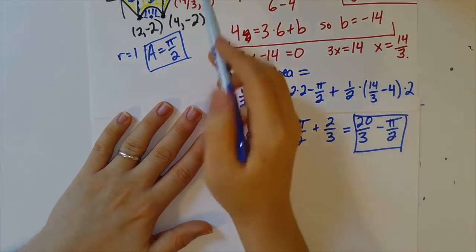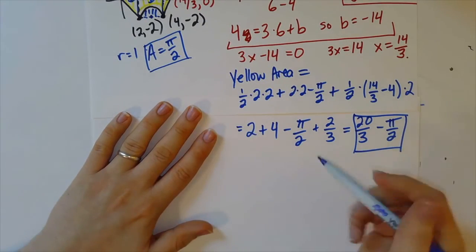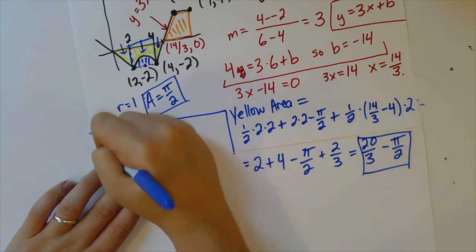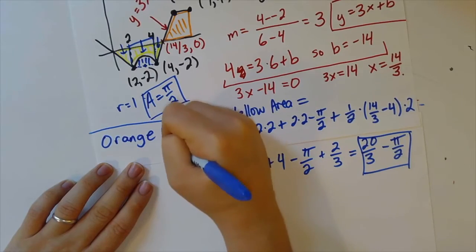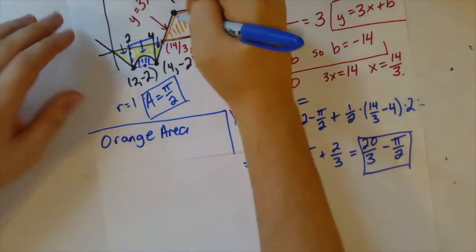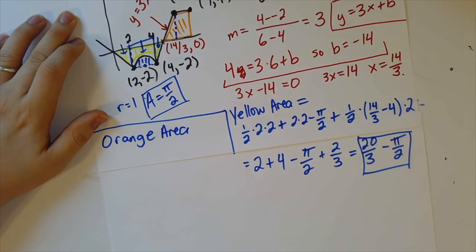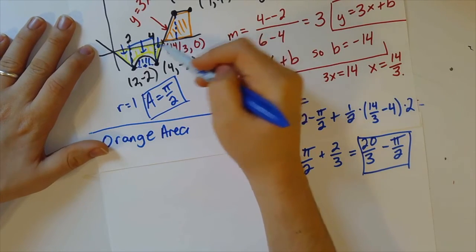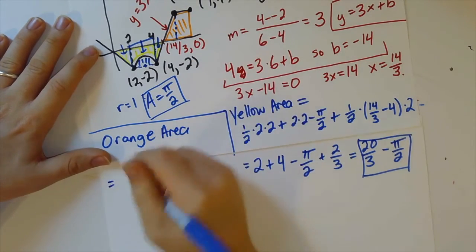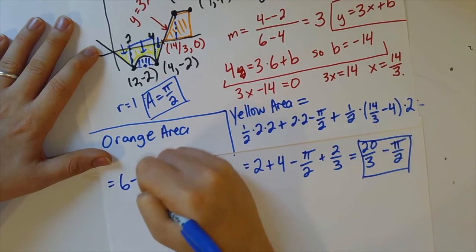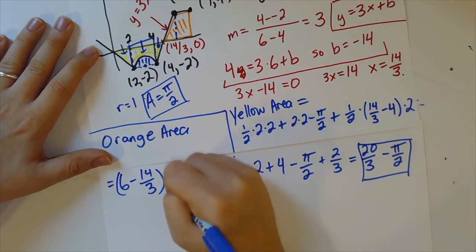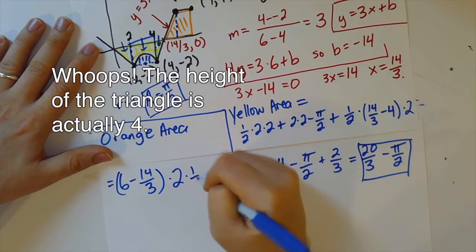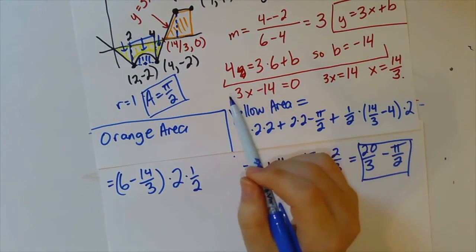I then also have to find the orange area. The orange area is going to be split into a triangle and a rectangle. So the triangle here goes from 14/3 over to 6. So its area is 6 minus 14/3 times the height, which is 2, and then times the 1/2 that goes at the front that I did not say, and then wrote it in markers so I couldn't erase it.